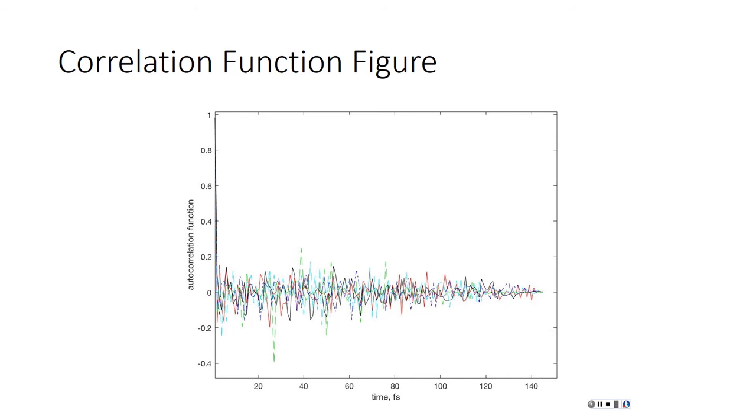So you can see initially at some time it decays really quickly, and then over time they kind of come back into phase with each other. But if you run this long enough or get good enough statistics, over time they should average up to 0. So you view it as statistical noise.